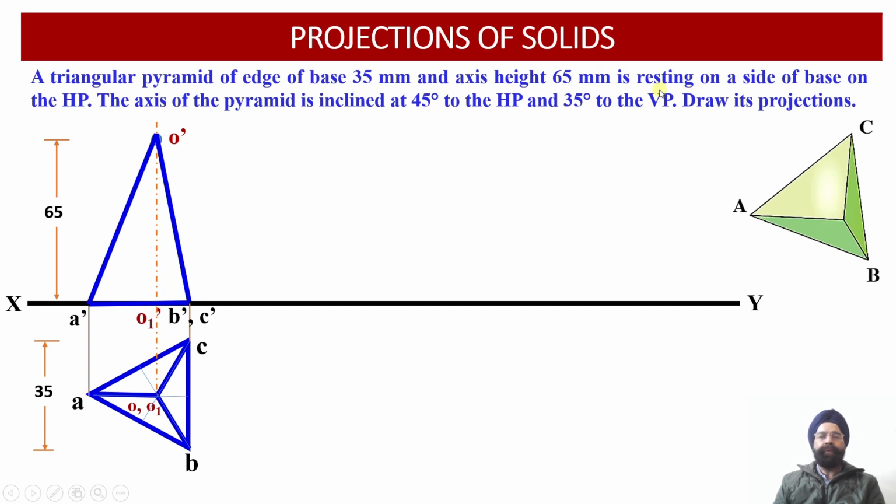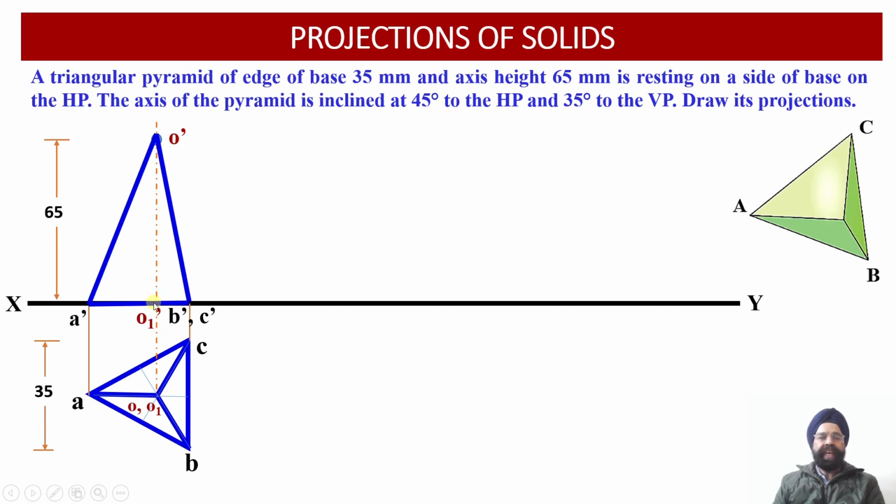Now we have been provided with the information that in this triangular pyramid, the axis of the pyramid is inclined at an angle of 45 degree with respect to the horizontal plane. So now we have to tilt this triangular pyramid in such a way that this axis, that is O dash O1 dash, is inclined at an angle of 45 degree with respect to the XY reference line.